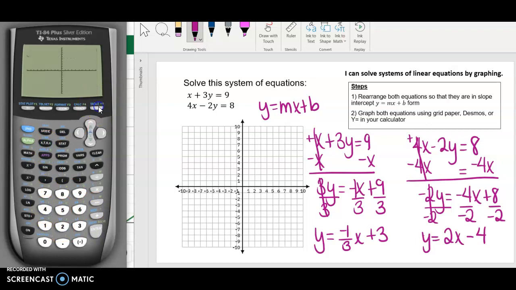And I'm going to click graph. And then I can see my intersection point. I click second, calculate, choose option 5, hit enter, enter, enter, and then enter again. And then it gives me the intersection at 3, 2. So 3, 2 is the solution to this system of equations.